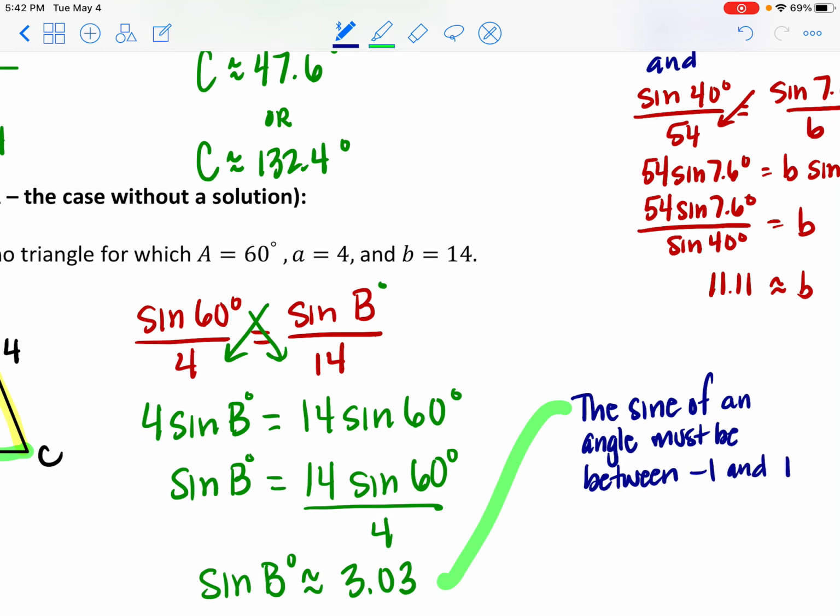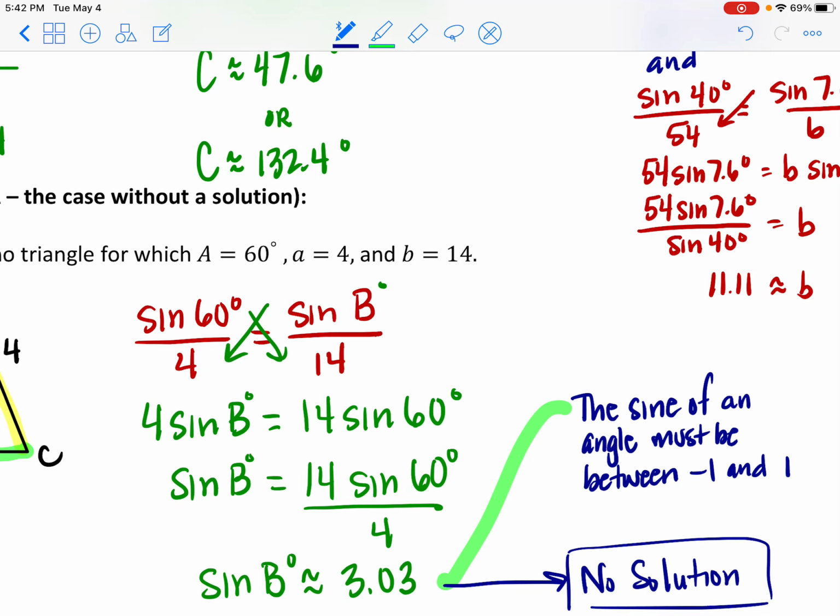Like I can get to a minimum of -1 and a max of +1, but because 3 is beyond that, this is no good. So this tells me that there is no solution here. We wouldn't call this the ambiguous case. It is quite clear that's not going to work. Okay, so this is the case without a solution.